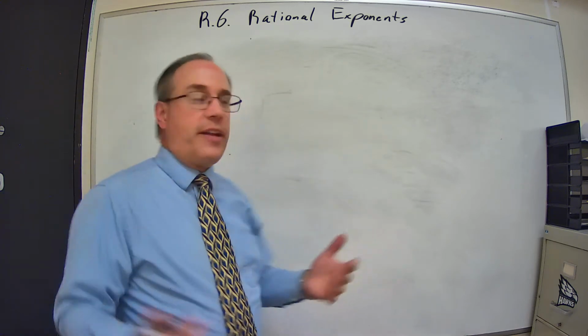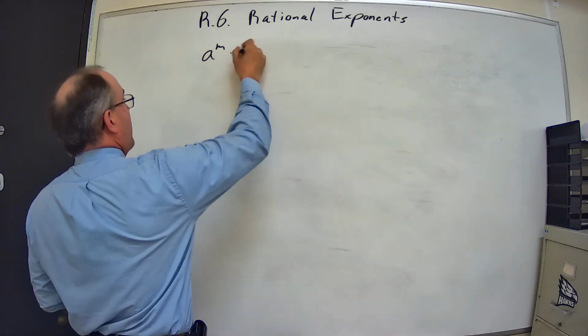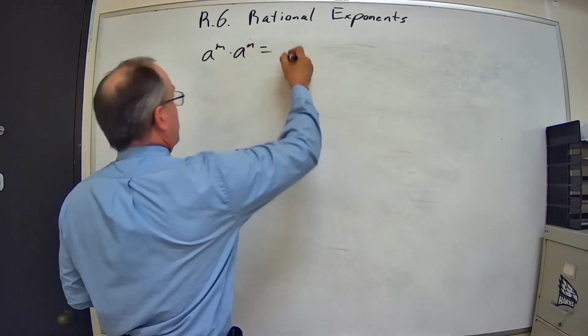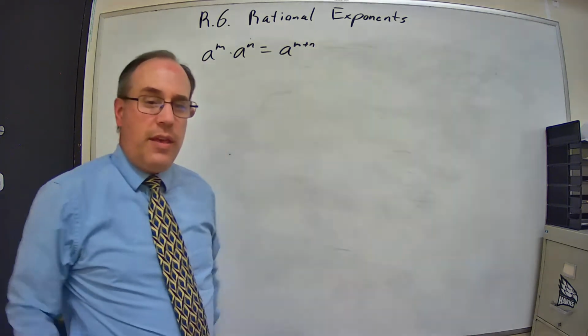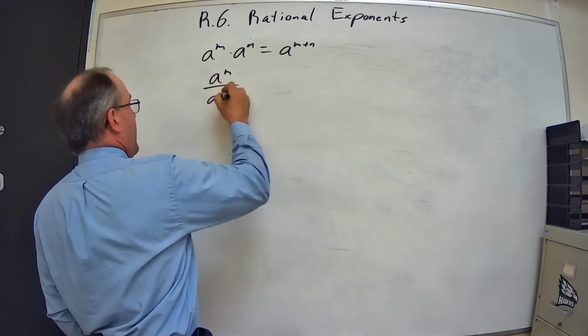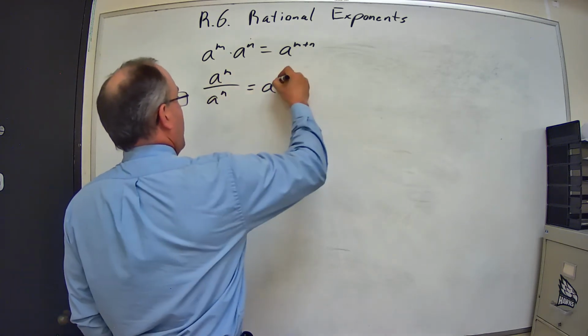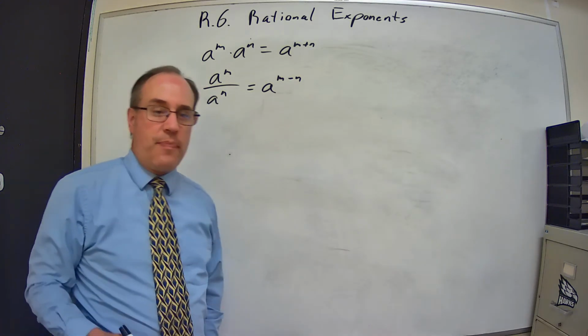So we have the product rule, right? A to the m times a to the n is equal to a to the m plus n. We have the quotient rule. A to the m divided by a to the n is equal to a to the m minus n. Okay.